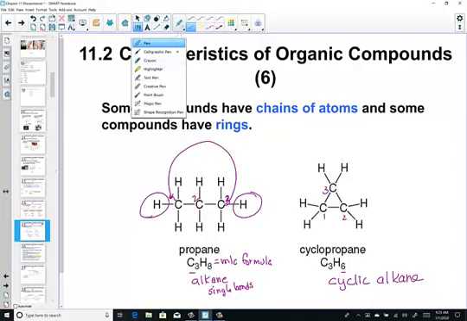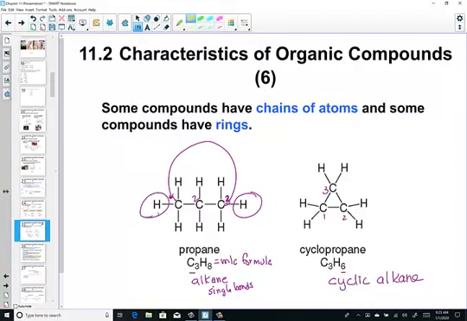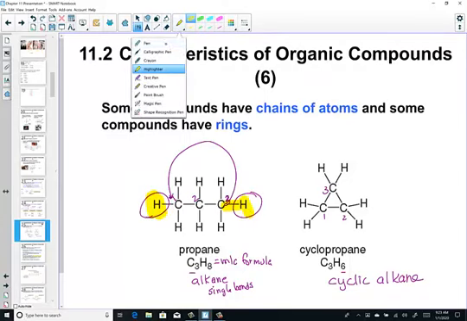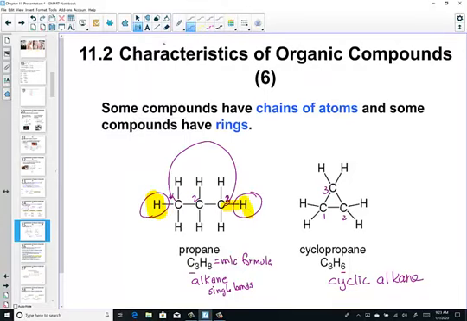And again, just to emphasize, when we remove hydrogen on the first carbon and hydrogen on the third carbon, those bonds are left open now to create a site of attachment between carbon 1 and 3. So we can have cyclic structures or straight chain structures and still call them alkanes since they are all single bonds.